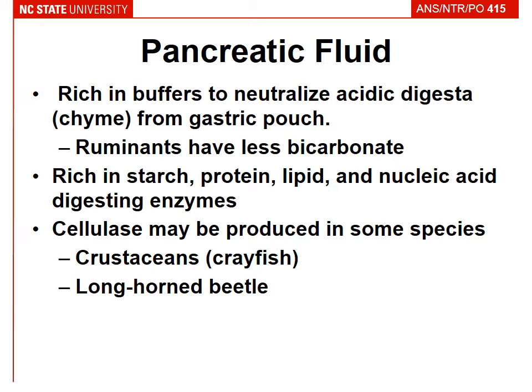Some species, including crustaceans such as crayfish and the longhorn beetle, are eating a lot of plant material that has significant cellulose within it, and they don't have as adequate microbial aid. Those animals specifically are able to secrete cellulase, which is going to break down the cellulose into glucose.